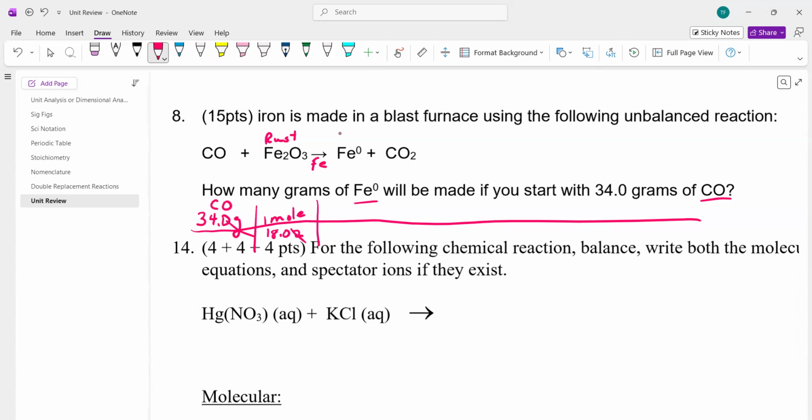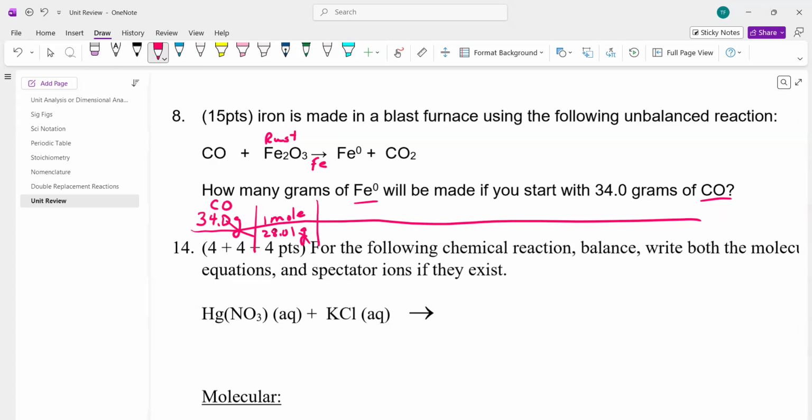On mine, I did it by 28.01 for that first step. What did you get? 28.01. I'm so used to using water for everything.